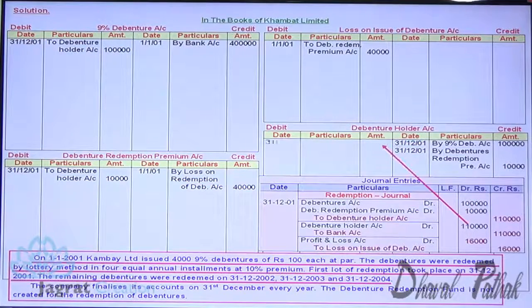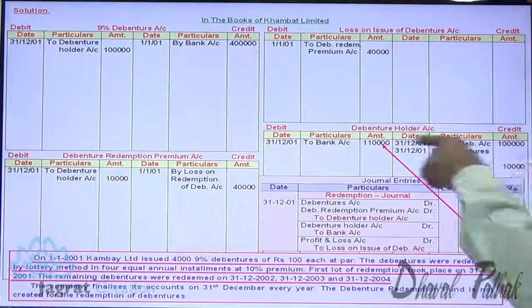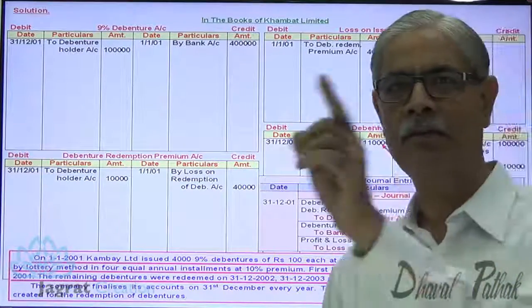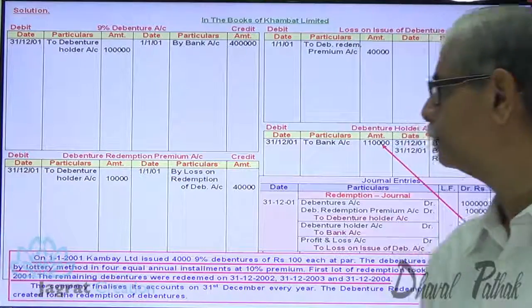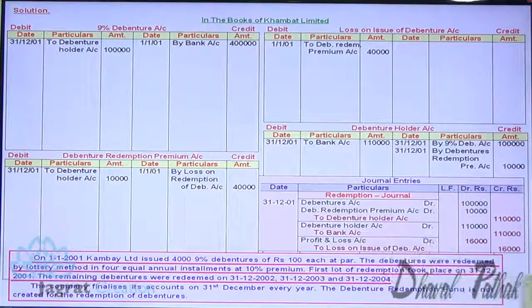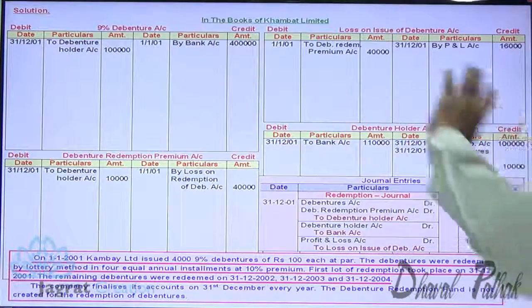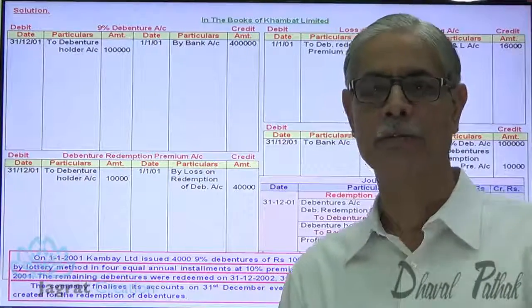Write on the debit side of debenture holders account 1,10,000, being the amount of debenture redeemed with premium, debenture holders to bank. And profit and loss account, loss on issue of debentures account credit. Here on the credit side, you are required to write credit 16,000 by profit and loss account. This is how ledger posting is being done.